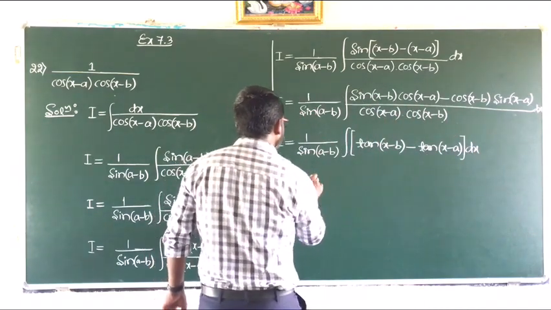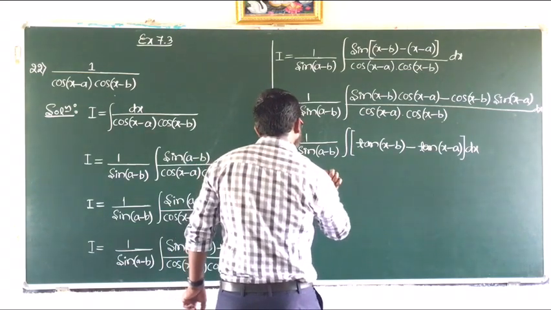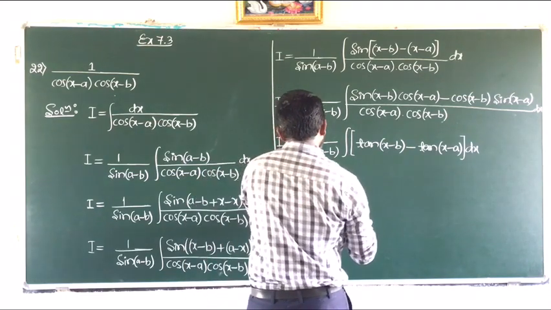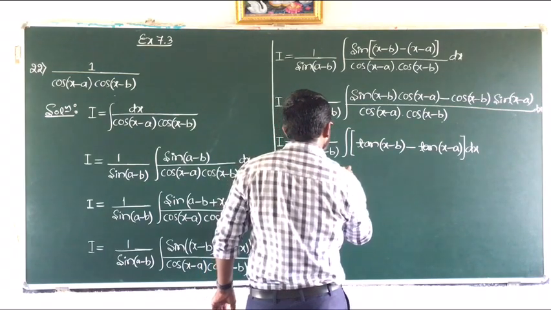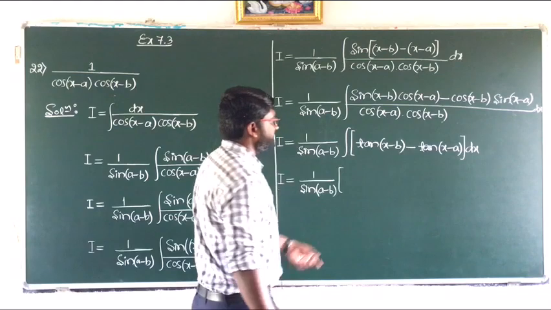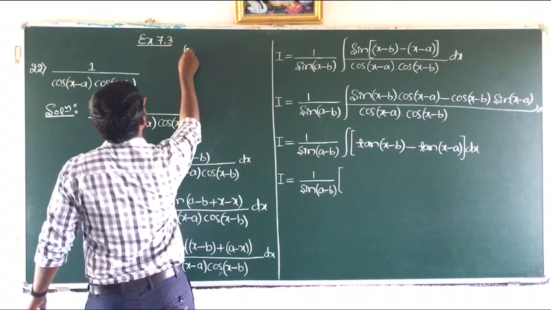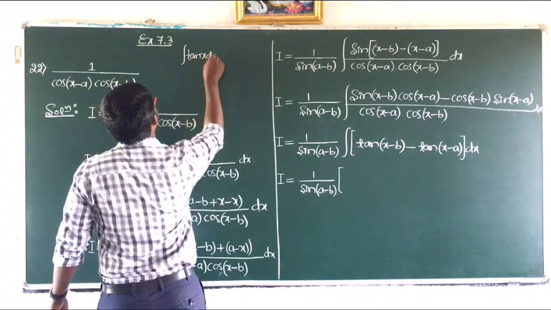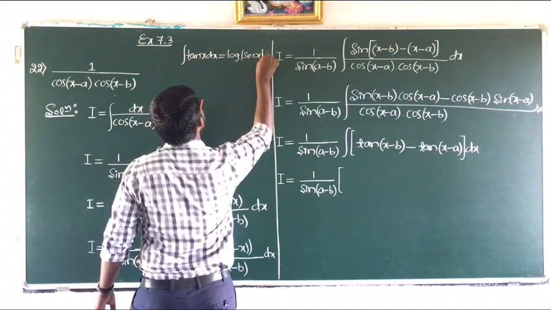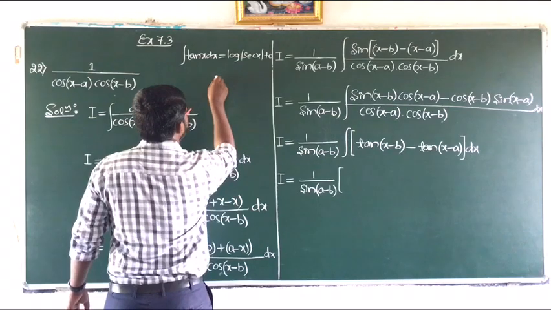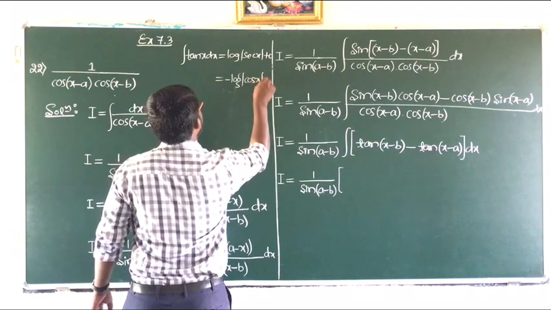I is equal to, I write this as it is, 1 by sin of (a minus b). Then here, what is the integration of tan of (x minus b) with respect to x? We know that integral of tan x dx is equal to log mod secant x plus c, or else this can be written as minus log of mod cos x plus c.